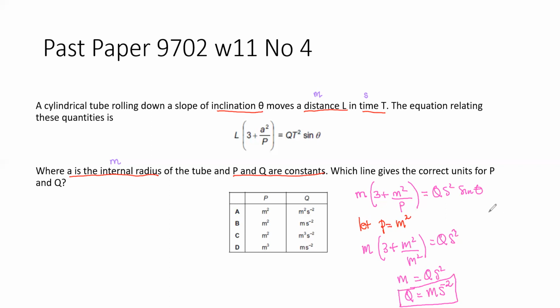So now the unit for P is meter squared and the unit for Q is meter second to the power of -2. So the answer is B.